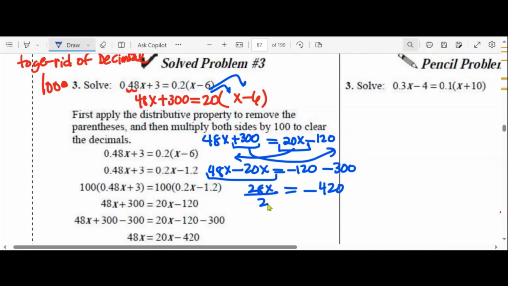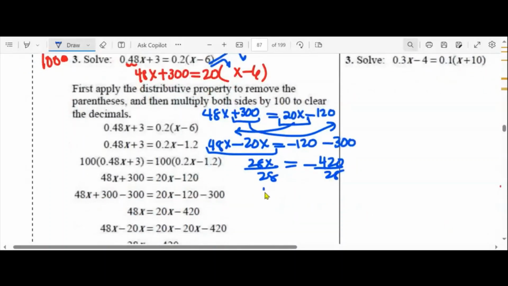What should I do? Divide 420 by 28. So x equals what? Do it by calculator and tell me. 15. So that's your answer, right?